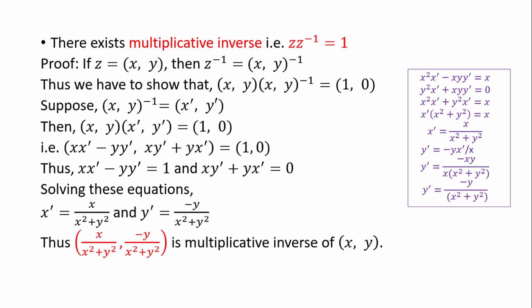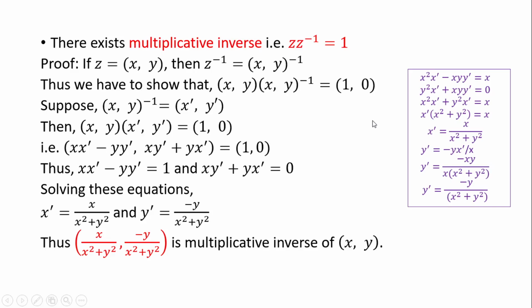So as it is shown on the side screen, we simply multiplied the first equation by x and the second by y, so that we have x square x prime plus x y prime, and this is equal to x, and multiplying by y, we have y square x prime plus x y prime, and this is equal to 0.